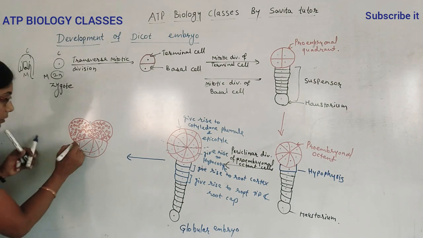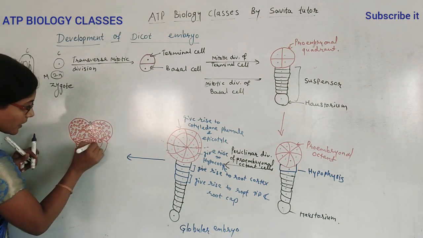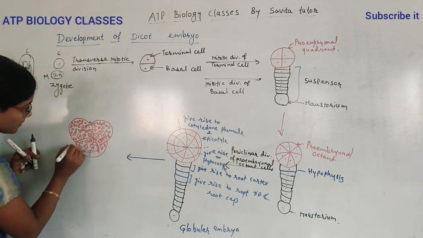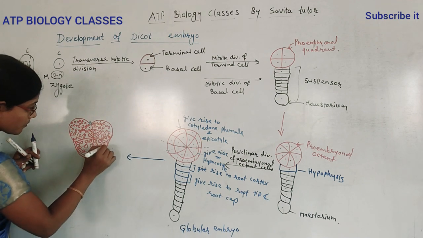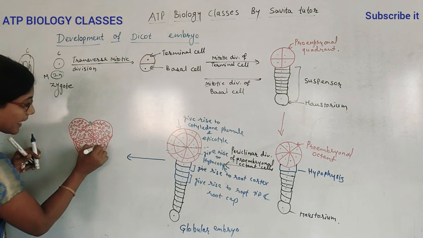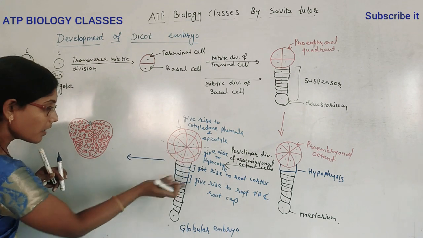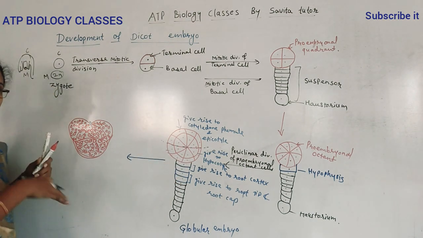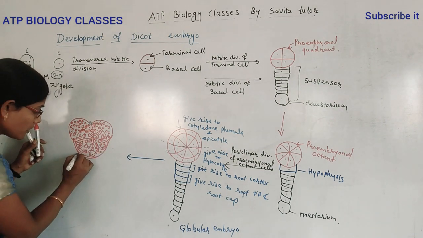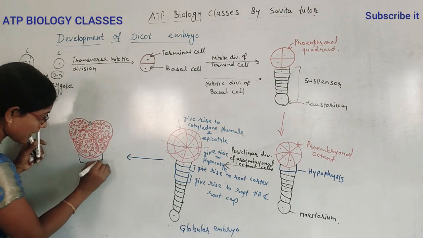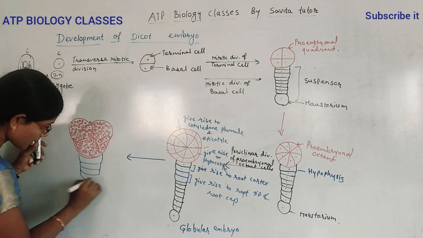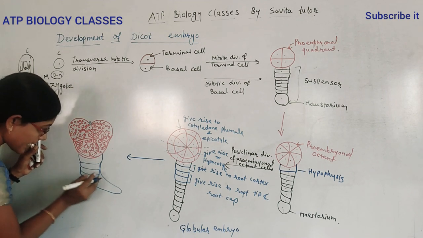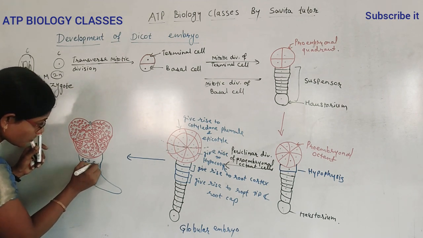So we can draw it also like this. The cells are dividing and forming the hypocotyle part. This way. And this hypophysis, all four cells, will form the radicle part, which will ultimately give rise to the root, right? So if they are like this, they will take the shape in this manner, and all these cells will divide this way.